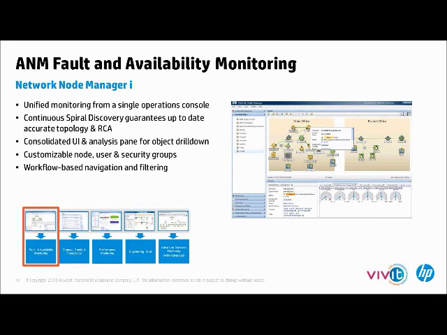So Automated Network Management consists of really multiple products, if you will, all congealed into a single solution. We have NNM that supports fault and availability. We have network automation that supports change in configuration and compliance reporting. We have a variety of smart plugins that I'll talk about that stand up and support services like performance monitoring.